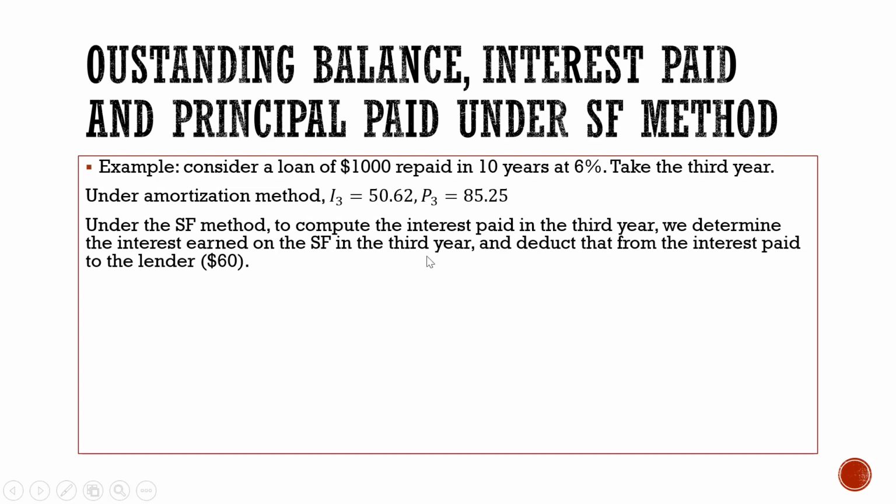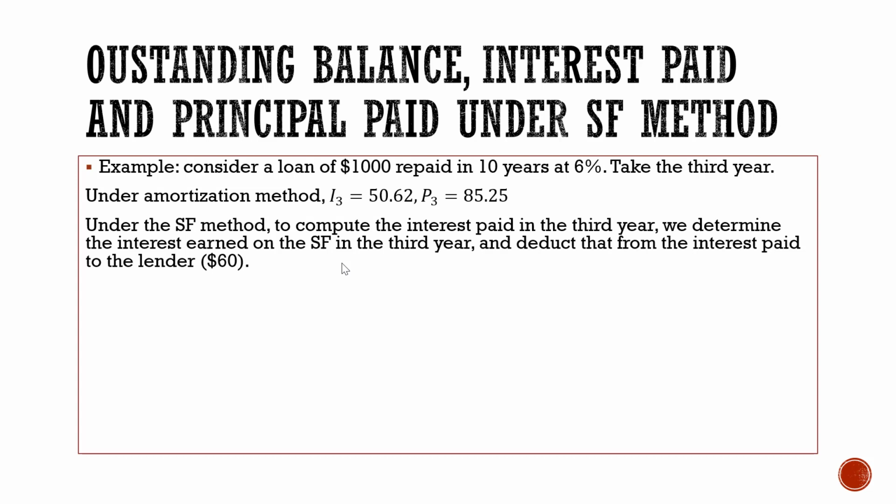here the interest paid is not the interest paid to the lender, but the interest we actually pay. So for the interest in the third year, we determine the interest earned on the SF in the third year and deduct it from the interest paid to the lender, which is a fixed number, 6%. Because when you make payment, we have the interest paid to the lender, which is a fixed number.